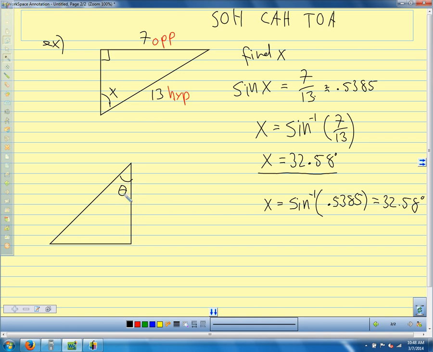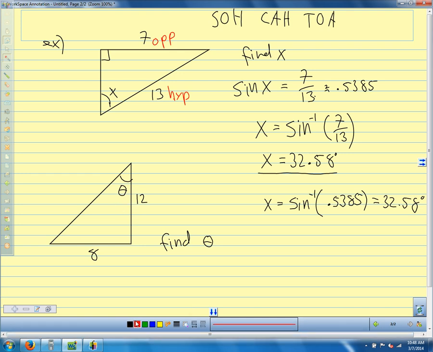It's just a letter, just like x. And I'm going to say this is 8, and this is 12. And we want to find theta. So we're looking for our angle.